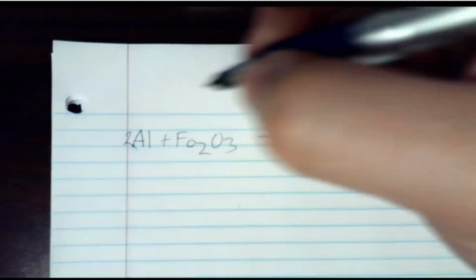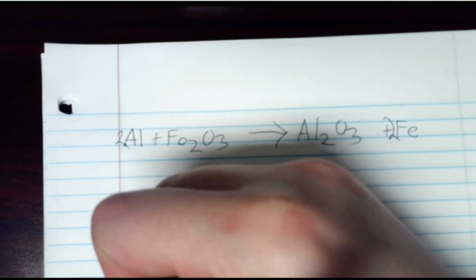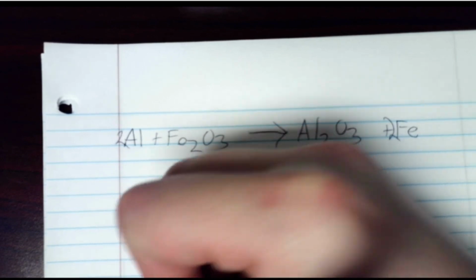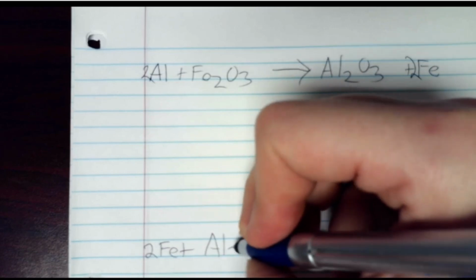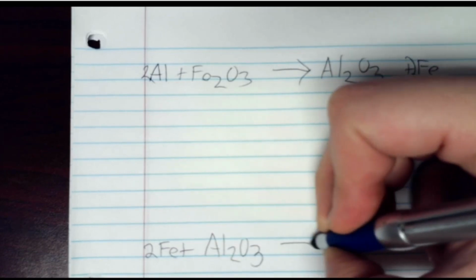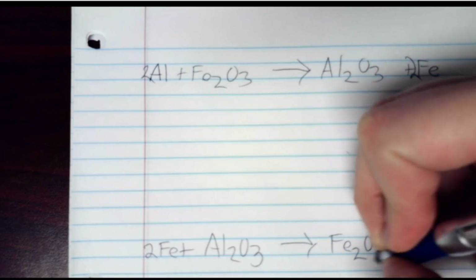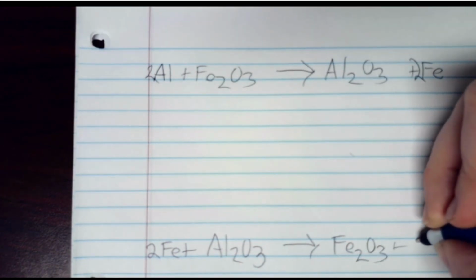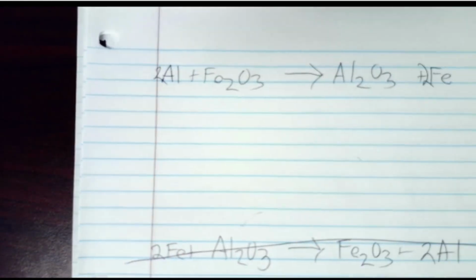Well, would the reverse reaction occur? Would the reverse reaction of 2 iron plus aluminum oxide splits back into iron oxide and 2 aluminum? And the answer is no.